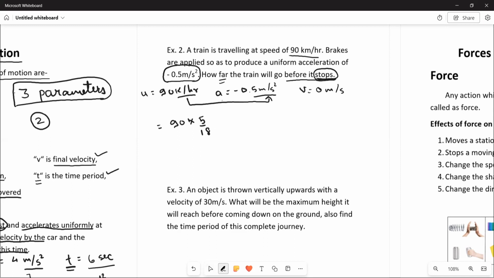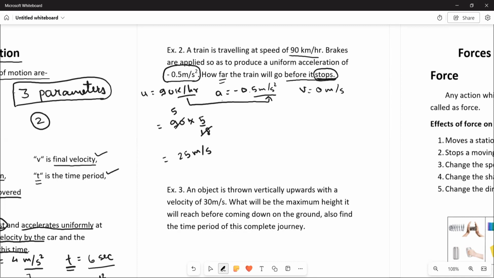If we multiply the speed in kilometers per hour by 5 by 18, the result will be our velocity in meters per second. Okay. So to convert kilometers per hour into meters per second, we multiply by 5 by 18, and after performing this calculation, we cancel this 18 with 90, 5 times, and 5 times 5 will be equal to 25 meters per second.